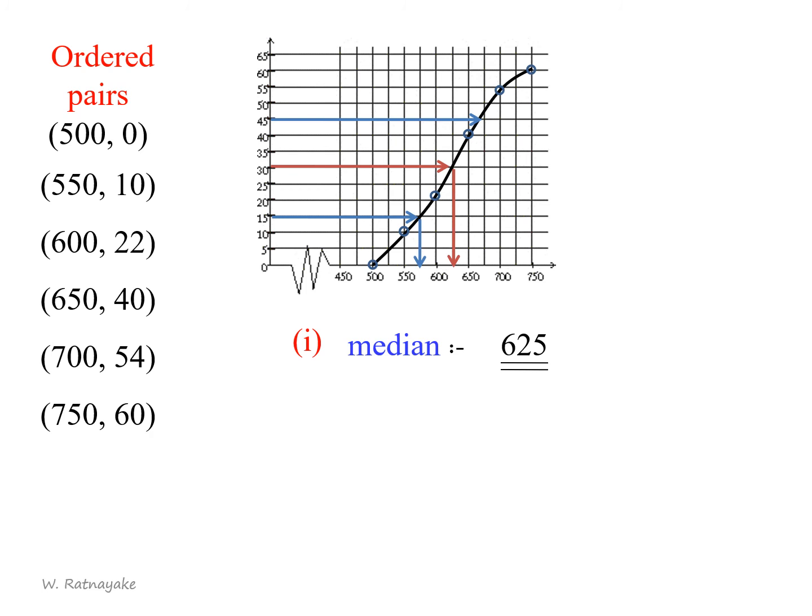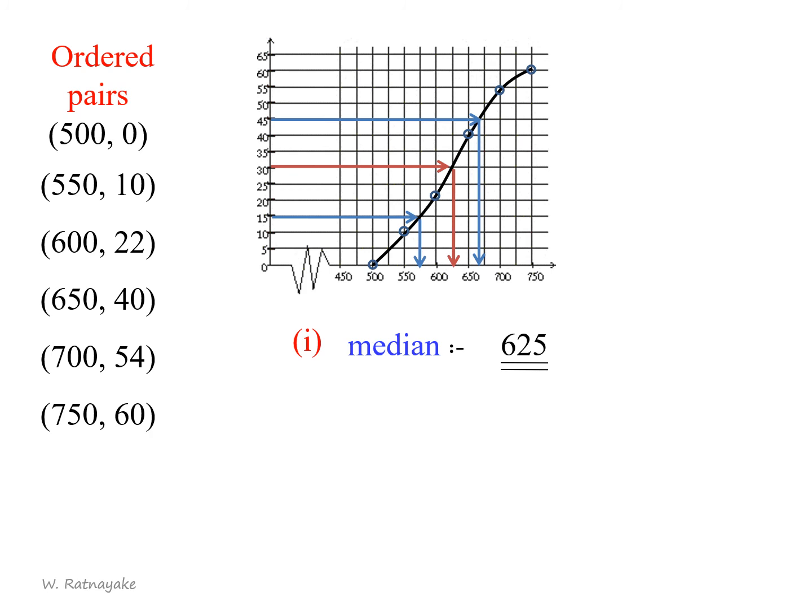The middle of that one is 45. From 45 we have to draw another line parallel to the horizontal axis, and from there a perpendicular line. And then the value here shows like 665 or something like that.